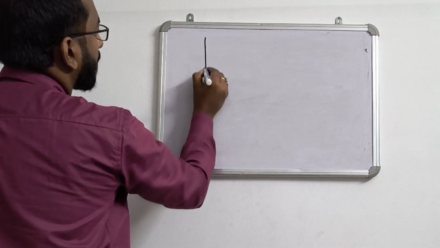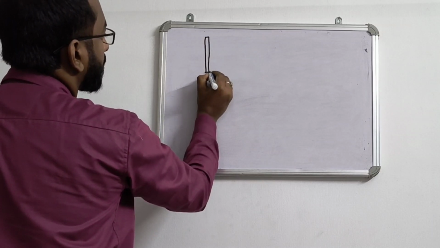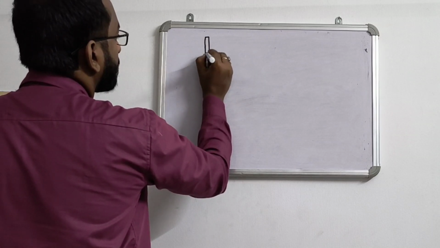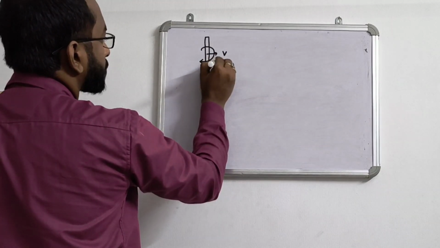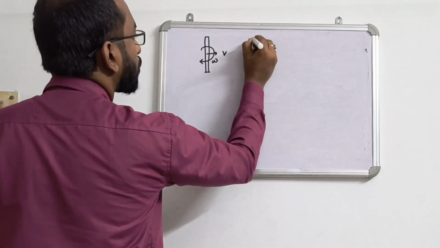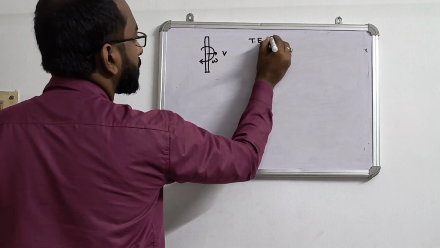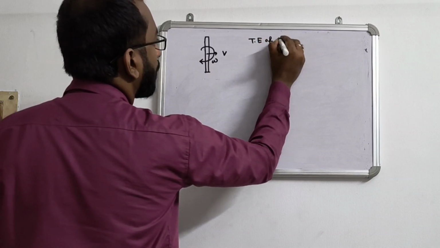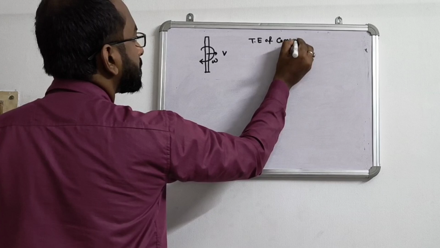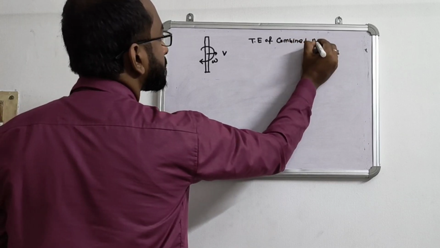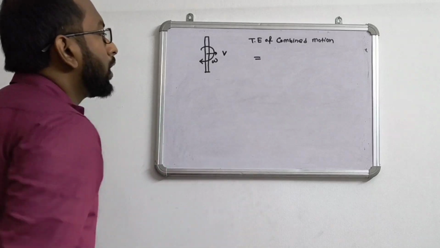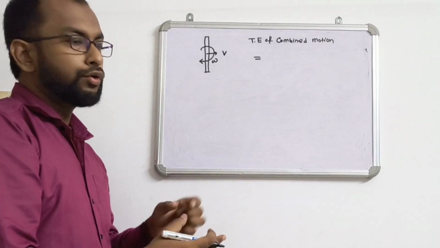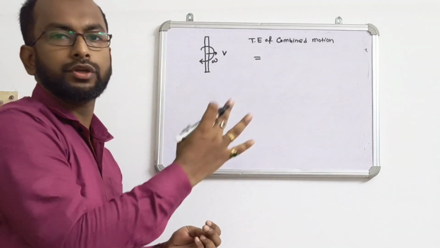Now what will be the total energy for this body, if the body is moving as well as rotating with respect to the center of mass with omega? Total energy of combined motion will arise due to the translational motion as well as the rotational motion.